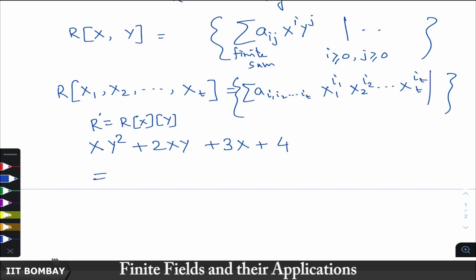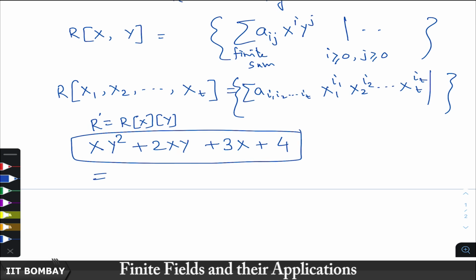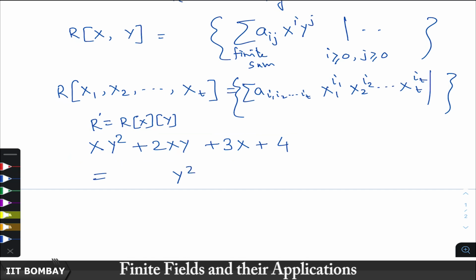So, to make it a little non-trivial, let us add a y term and a 5 here. y^2 has the coefficient x, then y has coefficient 2x plus 1, and then y^0, that is the constant term, is 3x plus 5.